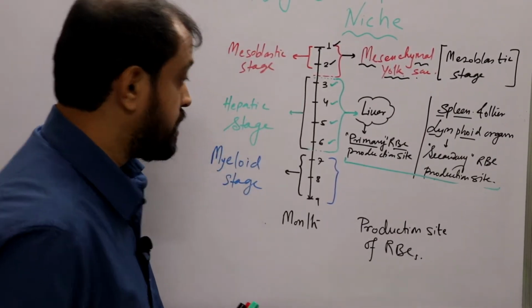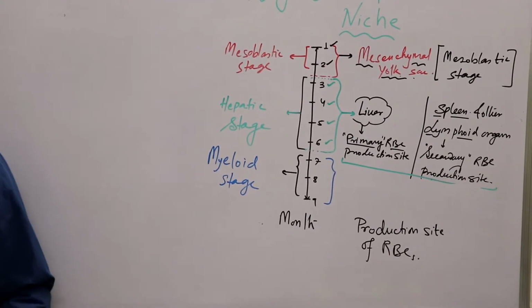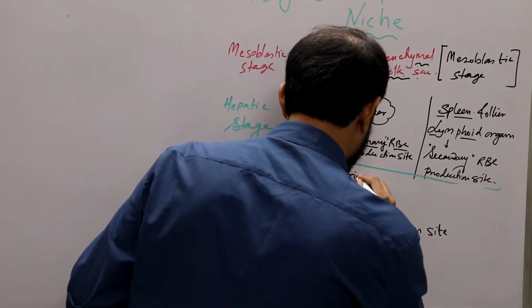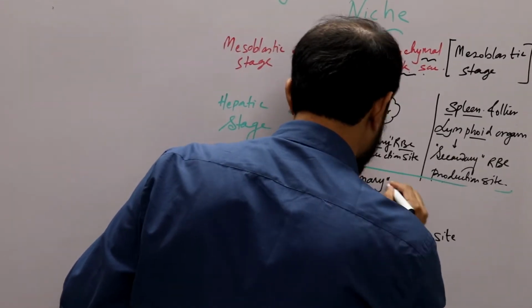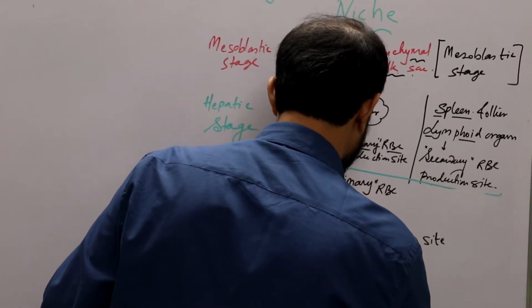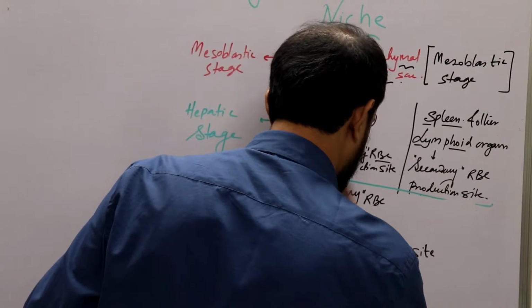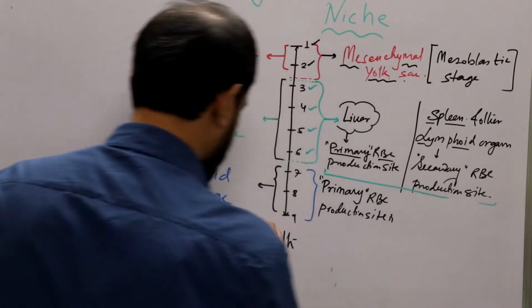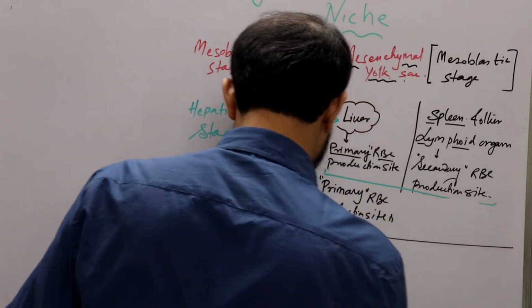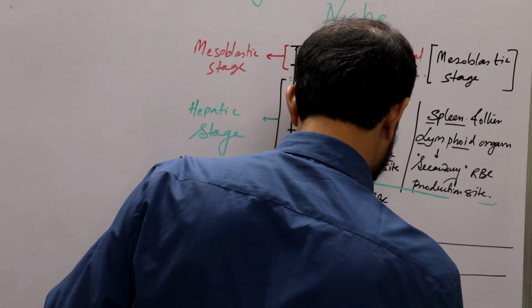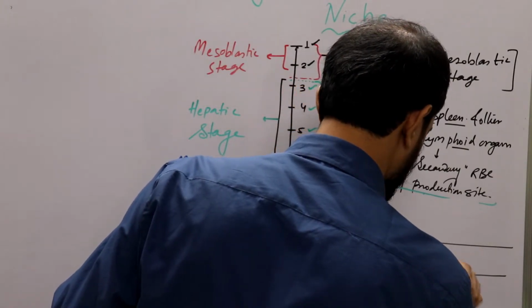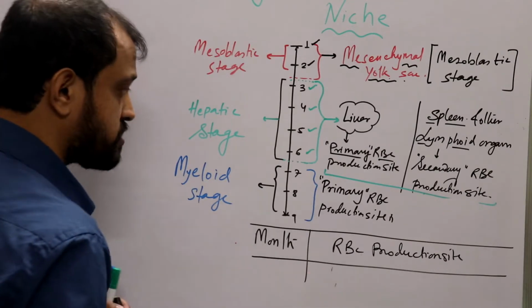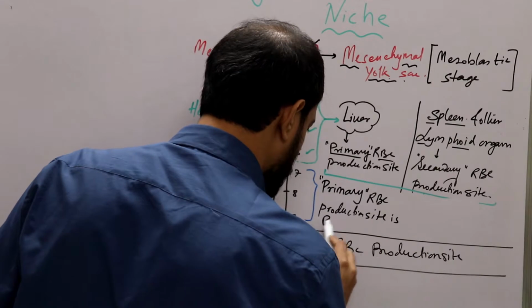Now you should always understand, during the myeloid stage, the primary RBC production site is what? Bone marrow, right?